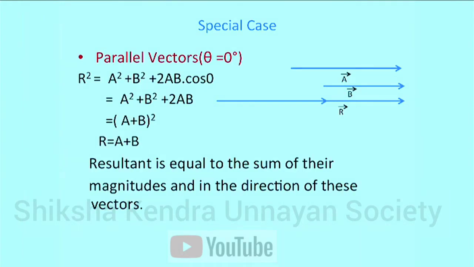So, this becomes A square plus B square plus 2AB cos 0, where cos 0 equal to 1. Hence, we can write R square equal to A square plus B square plus 2AB, which is equal to A plus B whole square. That means R equal to A plus B. So, if we calculate the resultant of two parallel vectors, then the resultant is equal to the sum of their magnitudes, and the direction is that of the two vectors, A and B.